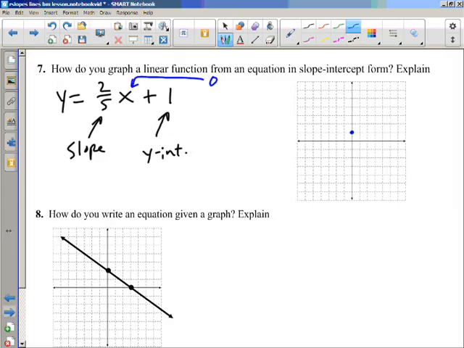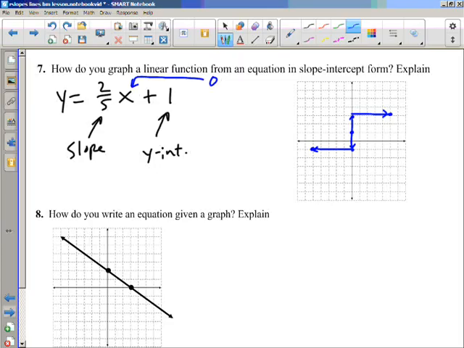And then the next point would be a rise of 2 and a run of 5. And we would put a dot there. Or we could do a rise of -2 and a run of -5. Put a dot there.